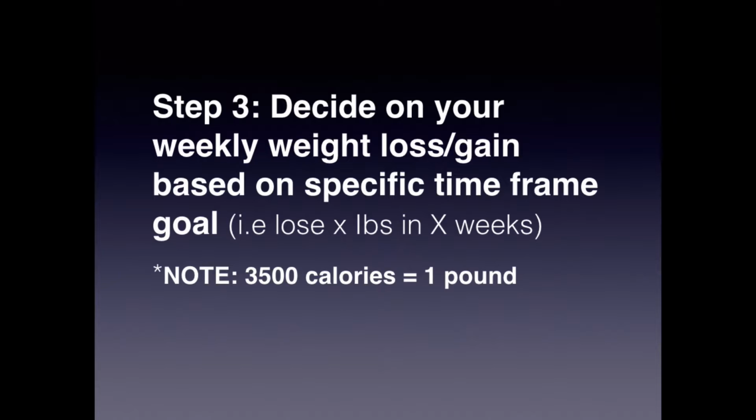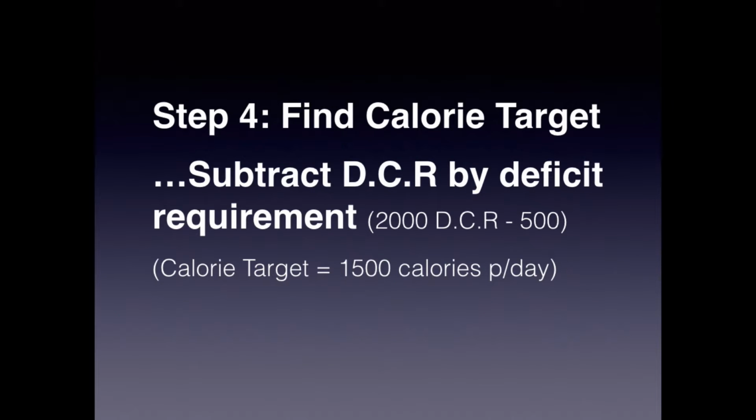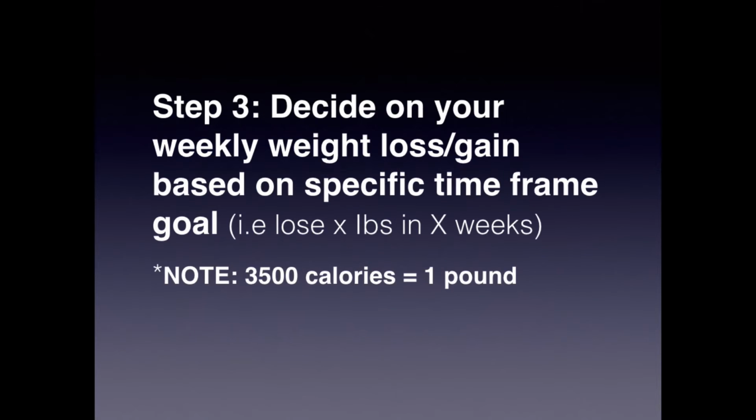So why that's important is because if we want to lose 1 pound on average per week, we simply divide 3,500 calories by 7 days. And that basically means that you will have a 500 calorie per day deficit. Obviously, if you want to lose 2 pounds a week, that would be a 1,000 calorie per day deficit.